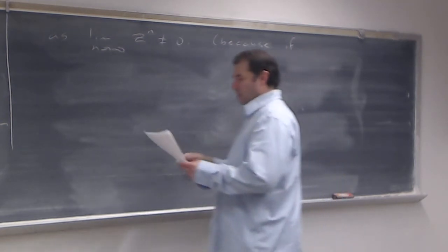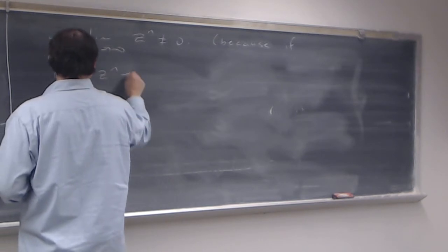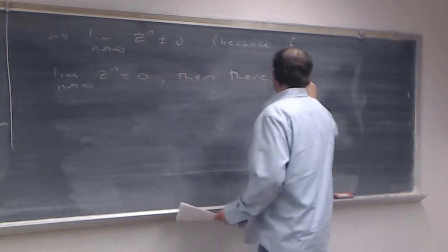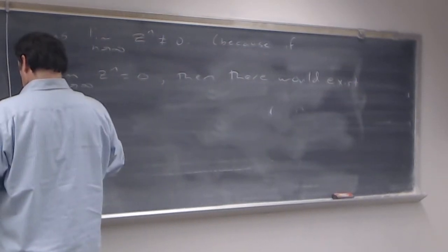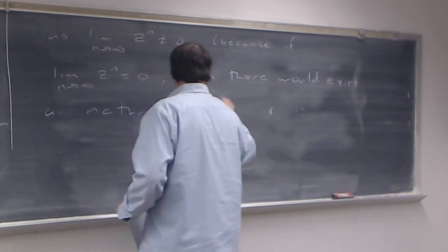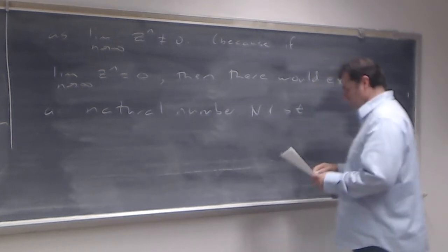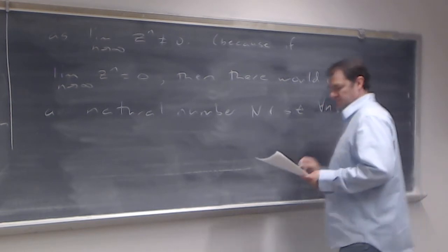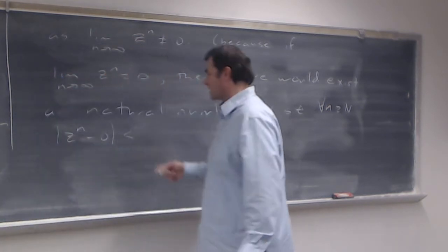Because if it did converge, if the limit as n goes to infinity of z sub n did converge to 0, then there would exist a natural number big N such that for all n bigger than or equal to big N, the norm of z sub n minus 0 will be less than any particular positive number that we pick.